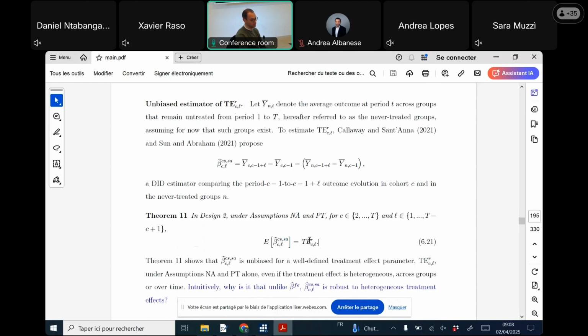So intuitively, why is it that unlike the two-way fixed effects estimators we had seen earlier, this estimator is unbiased for this effect under no anticipation and parallel trends assumption alone, without having to assume that the treatment effect is homogeneous? I think it focuses on a specific group, like the never treated, while the other one was capturing a bit of everything.